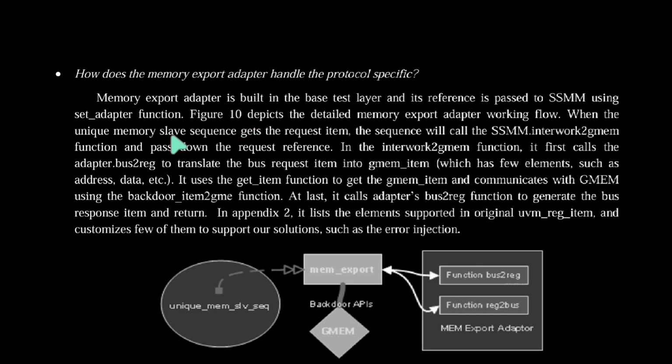When the unique memory slave sequence gets the request item, the sequence will call the SSMM.interwork_to_GMM function and pass down the requested response.